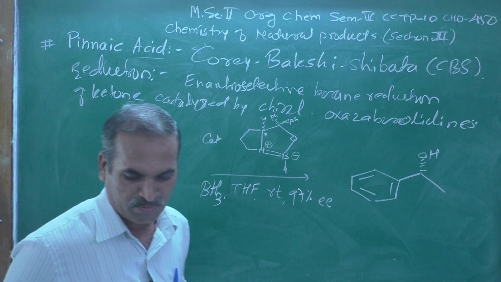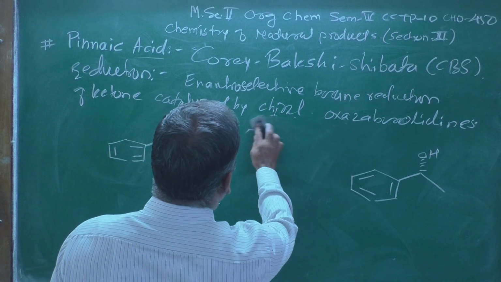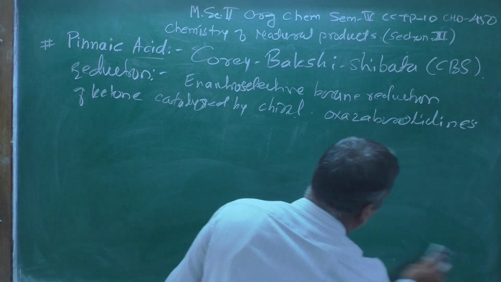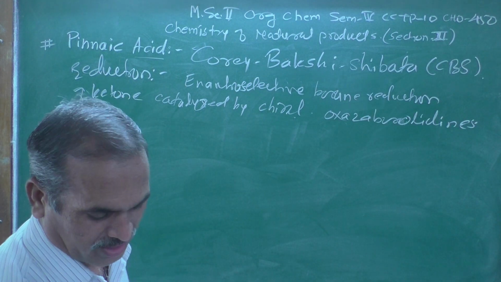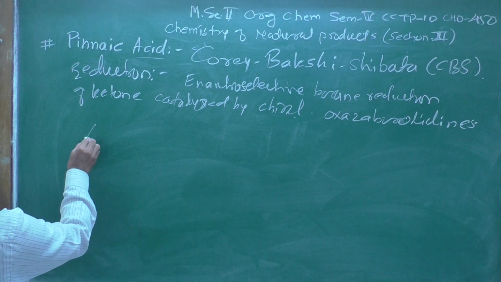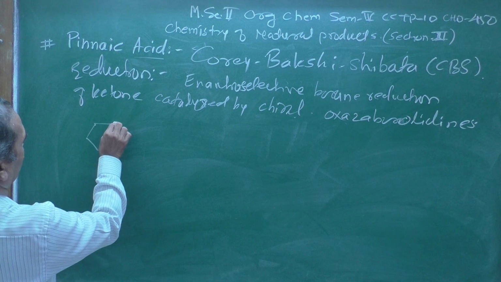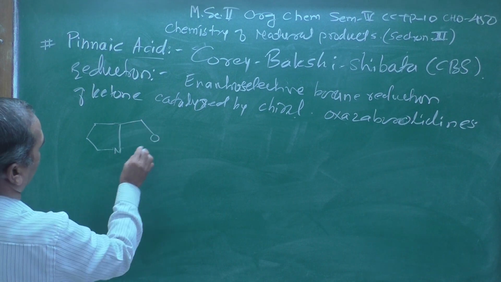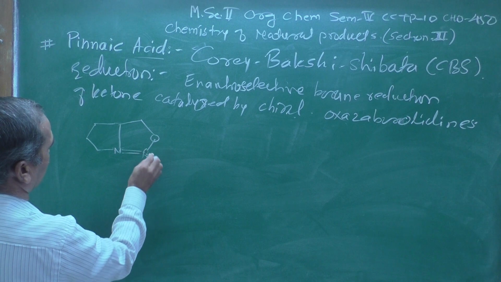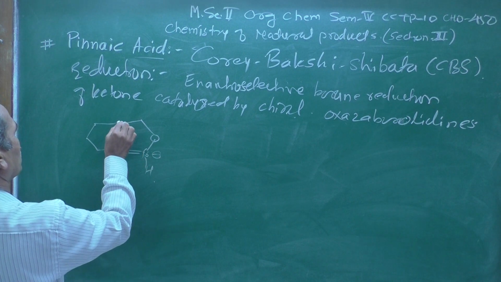For the mechanism, let me clean this board first, and then we will see in detail how it takes place, which I am showing over here. Now the catalyst which we are generally using over here, this one, has a boron with a negative charge, a hydrogen atom, and the nitrogen carries a positive charge.